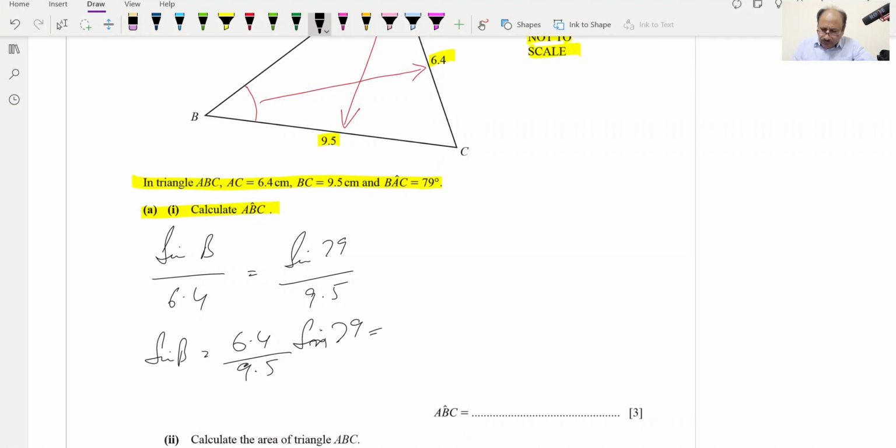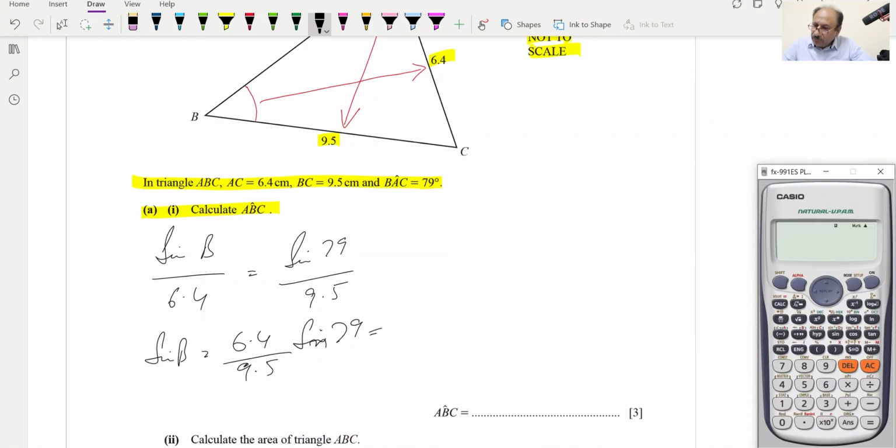This will be 6.4 over 9.5 multiplied by sine of 79, and we have to take the calculator in degree mode.